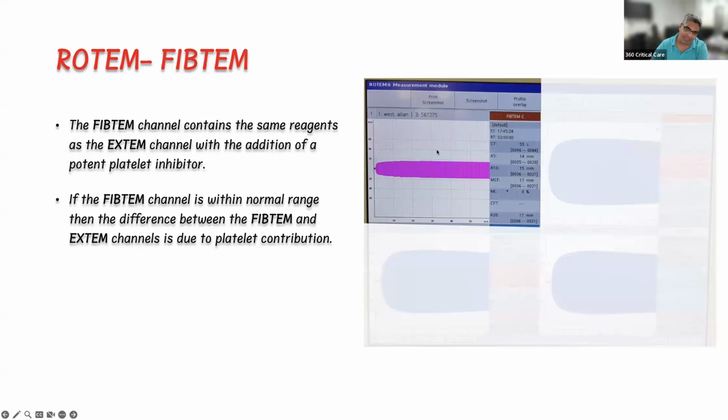So if the patient has a normal fibrinogen and an abnormal platelet, then your EXTEM channel will be abnormal. If the patient has normal platelets but abnormal fibrinogen, then both EXTEM and FIBTEM channels will be abnormal, because this channel looks at only fibrinogen and this channel looks at both fibrinogen and platelets. All right.